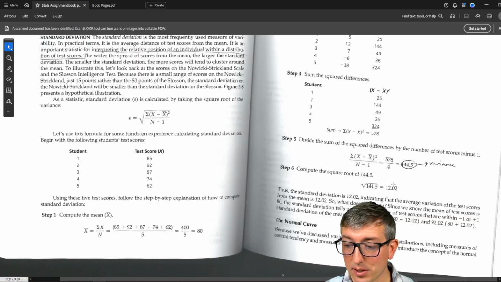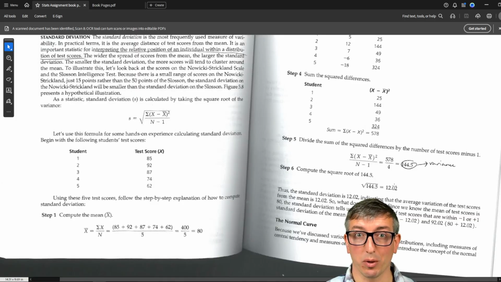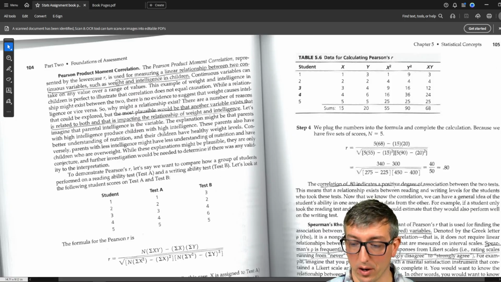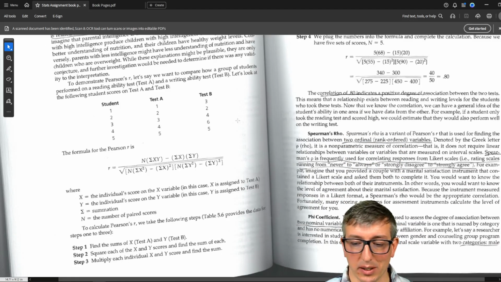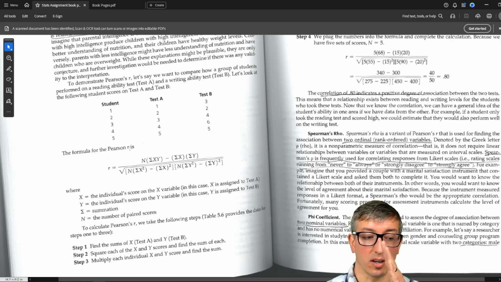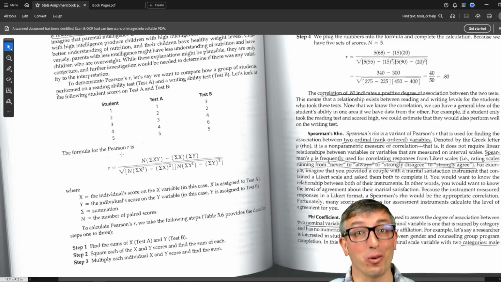Okay, so we have standard deviation. That's the number we're going to talk about, or we did talk about in class. This other stuff, we'll probably spend some time on in class, but I don't really think we need to care about it quite as much. This is a question for the research stuff. But Pearson's r, if you remember the small italicized r, is related to correlations.